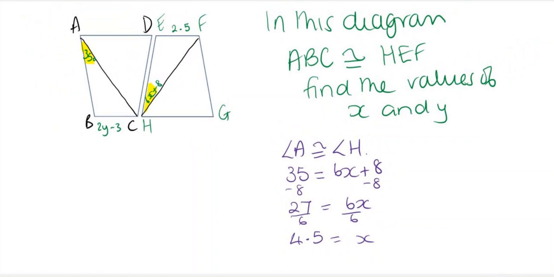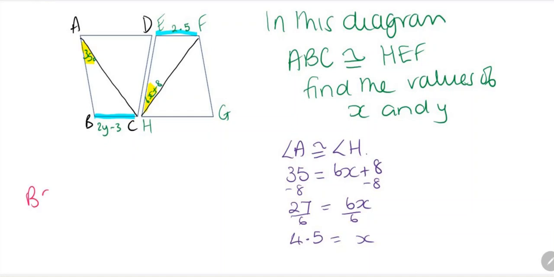So I know as well that because they are congruent, this length is also equal to this length. So I can say that 2y minus 3, actually, let's write it like this.